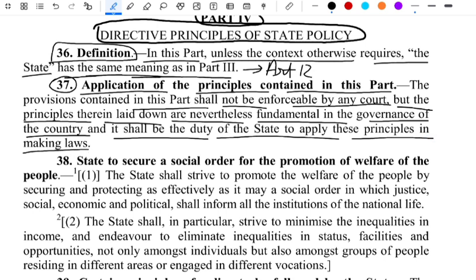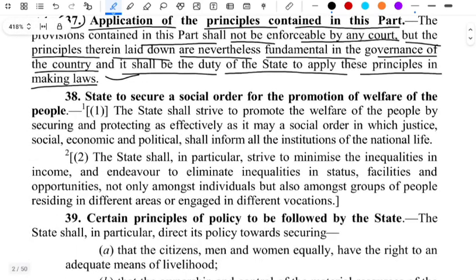So Article 37 clarifies the doubts about the DPSP. You will find much material in Article 37, and this can be applied in your upcoming examination, as there are repeated questions about the enforcement and use of the DPSP, so you can quote this.